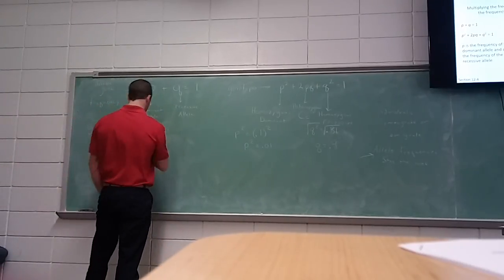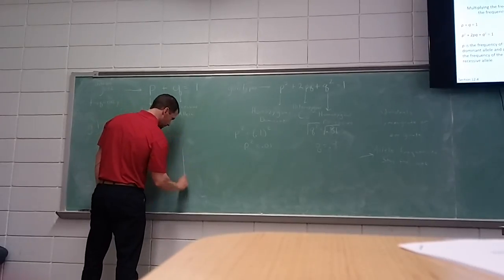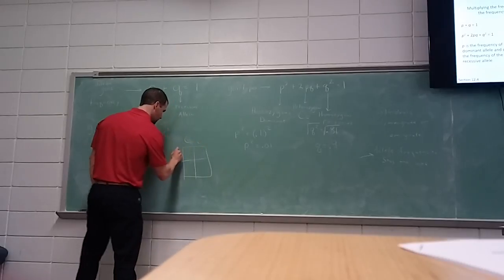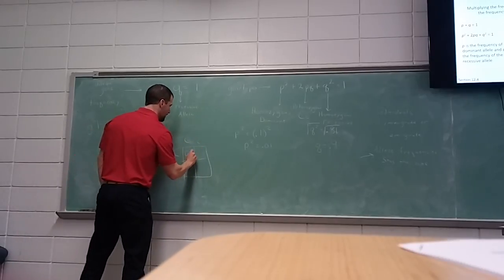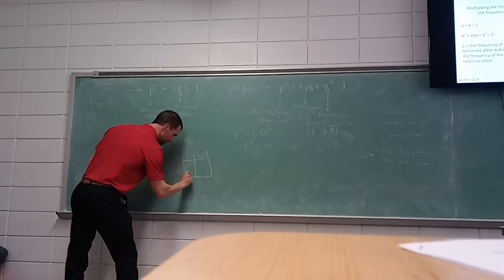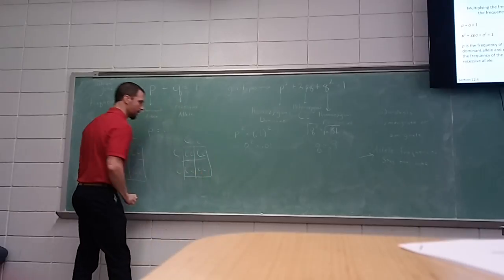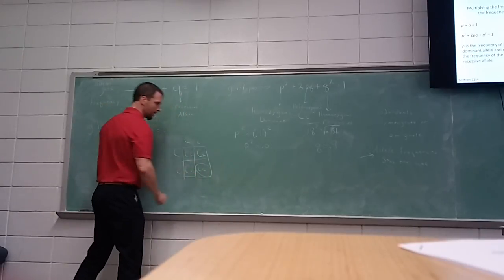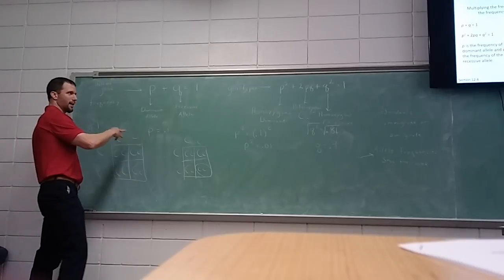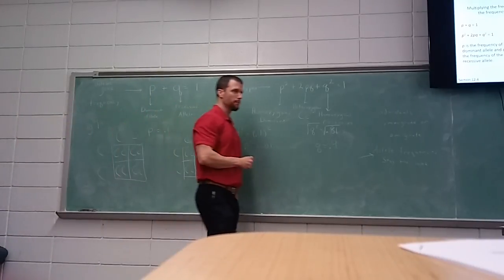In the next generation, we take those two and you have a homozygous dominant, heterozygous, and a homozygous recessive. Now, in the second generation, all of a sudden we have that phenotype again, and you only have a situation like that with homozygous recessive.